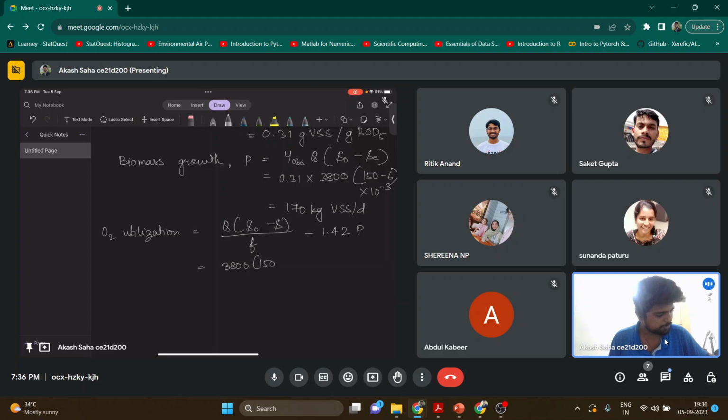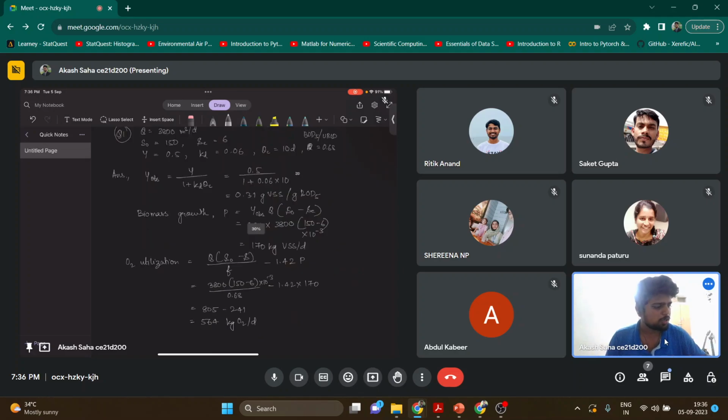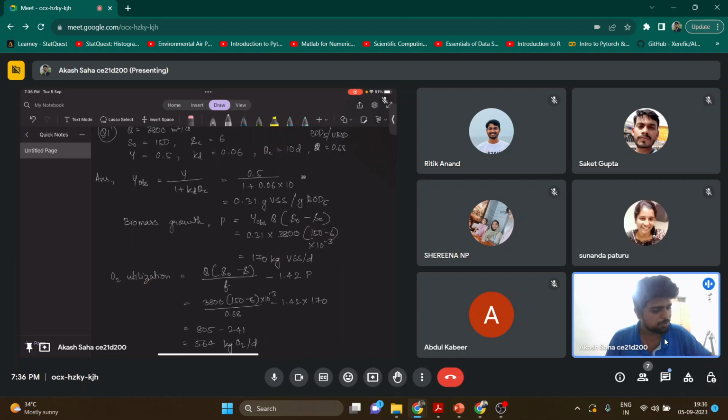Okay, so it would be 3800, 150 minus 6 divided by 0.68 minus 1.42 into 170. So it will simply become 805 minus 241. Here again we have to divide it by 1000. So it will be 564 kg of oxygen per day. Is it clear? So first we found out my observed yield.